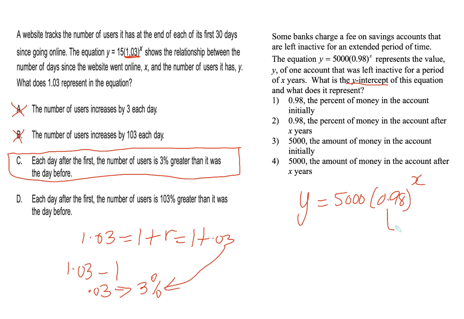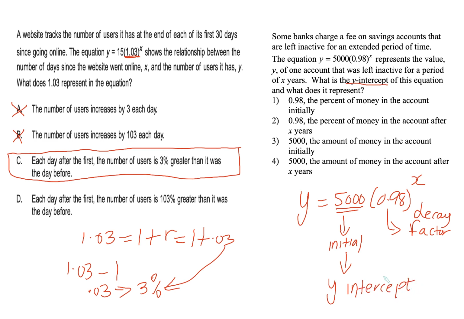Now remember I told you that the 0.98 is your factor, and for us, because it's less than 1, it's a decay factor. The 5,000 is our initial amount, and it's also your y-intercept.